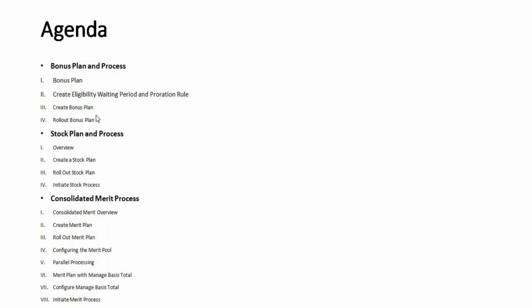So whatever you're learning in the previous sessions, you'll be consolidating all those plans and initiating a complete process, and publishing that process to employees, so that the employees really get their new compensation, revised salary, and revised bonus amount that we are allocating. That will be part of your consolidated merit process in advanced compensation.